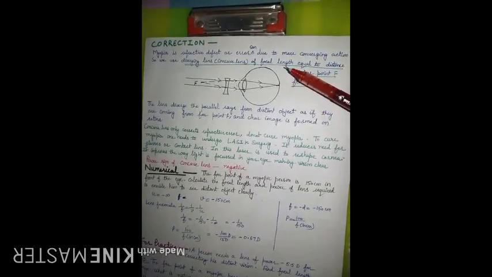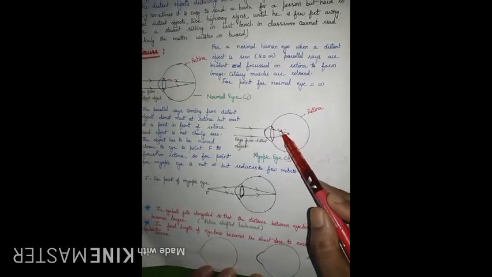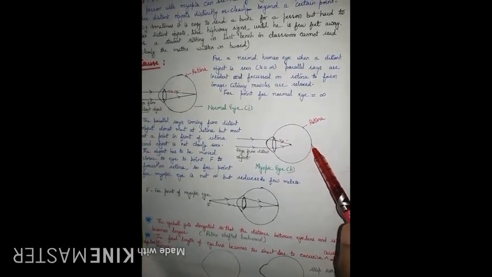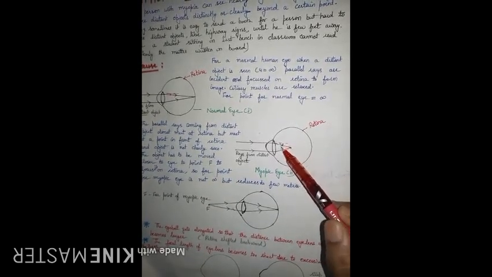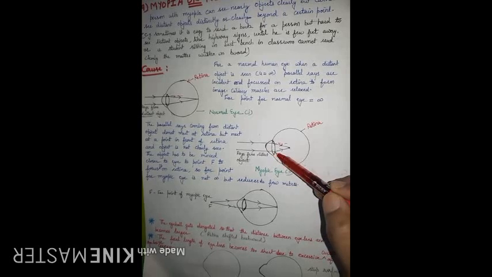If sufficient bending is given, the rays focus on the retina, but if bending is given more than what we need, here the converging action is more than what we need, then the image is not going to form on the retina. Here the converging power is more. We don't want convergence to that extent. But we will not change this lens.